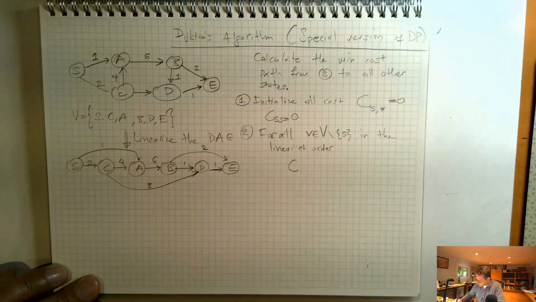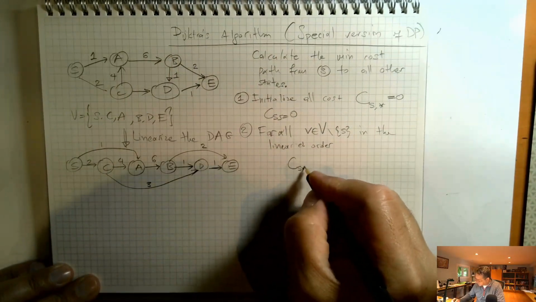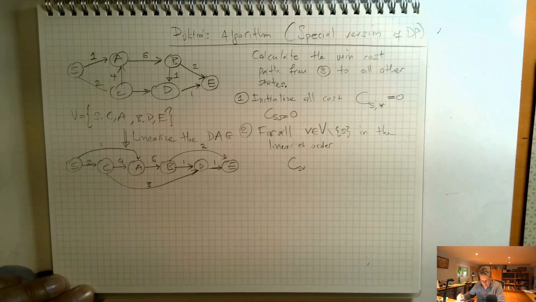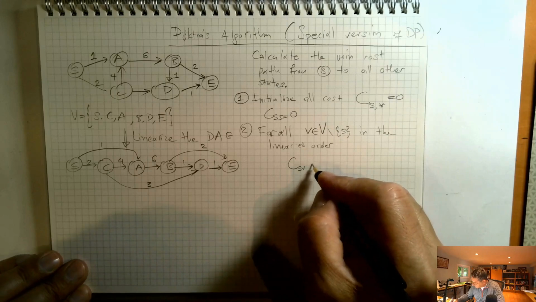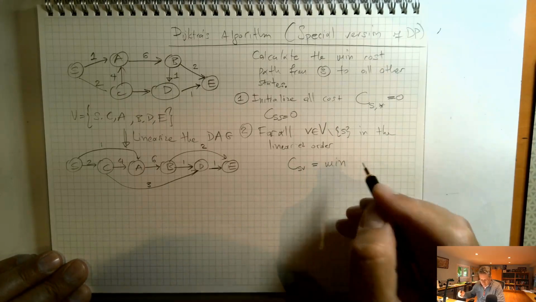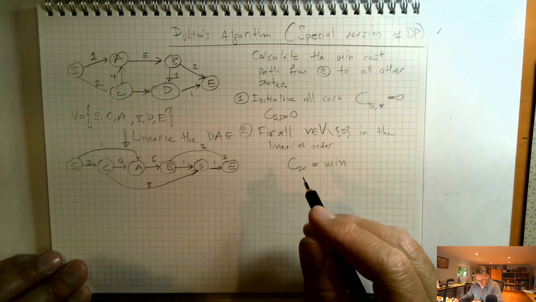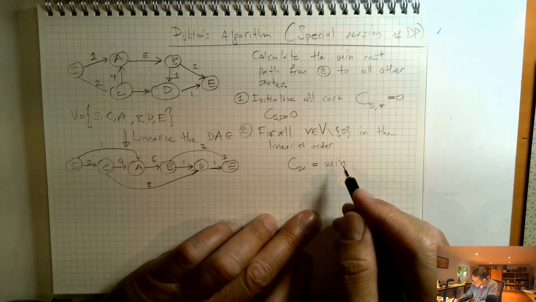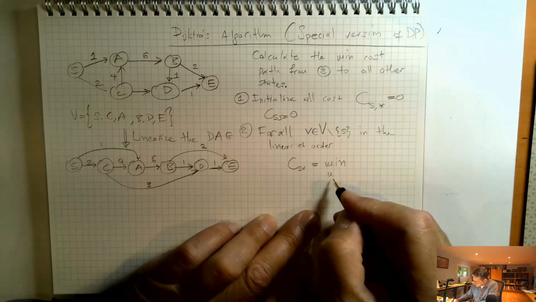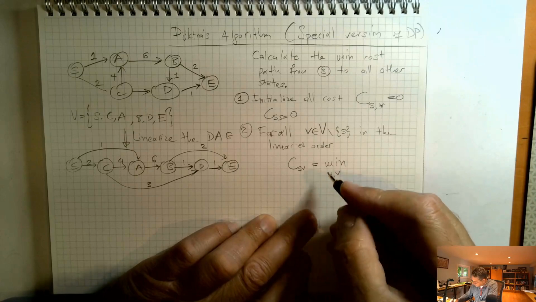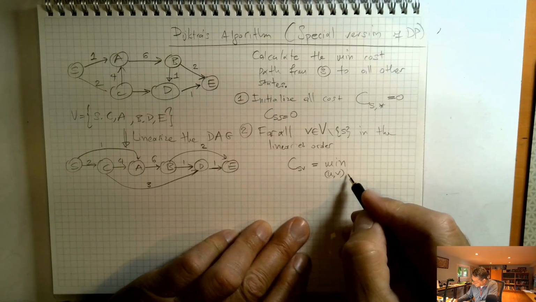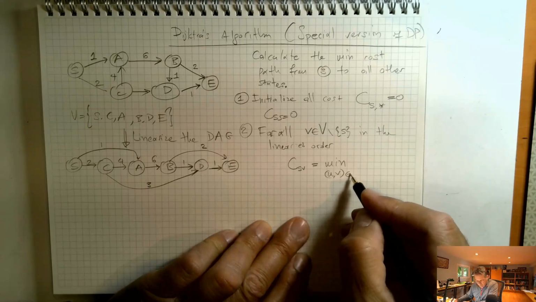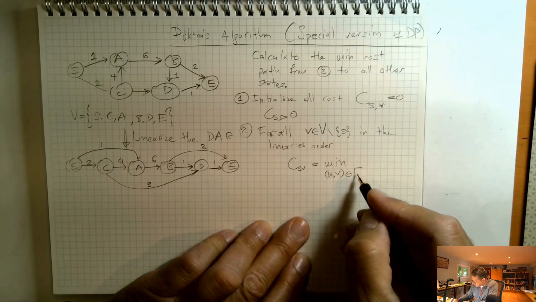C_SV, where V is the vertex in the for loop, is calculated as the minimum over pairs of vertices (U, V), which belong to the set of edges.